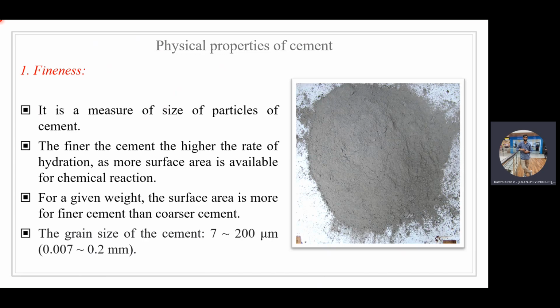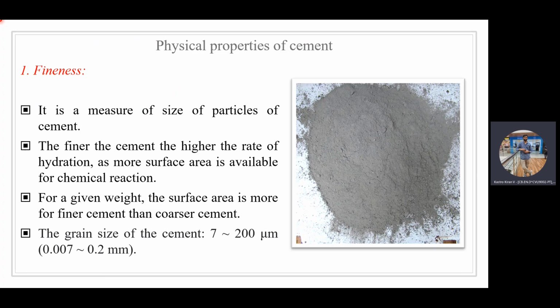So usually fineness is something which measures the size of the cement particles. If you want to measure the size of the cement particles, you have to measure the fineness of the cement. Suppose, in your houses, if your mom is preparing chapati or roti, first they take the wheat flour or rice flour, whatever flour they are going to take, and they sieve it, right?